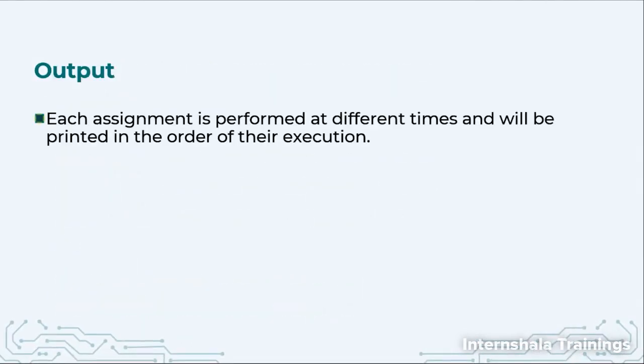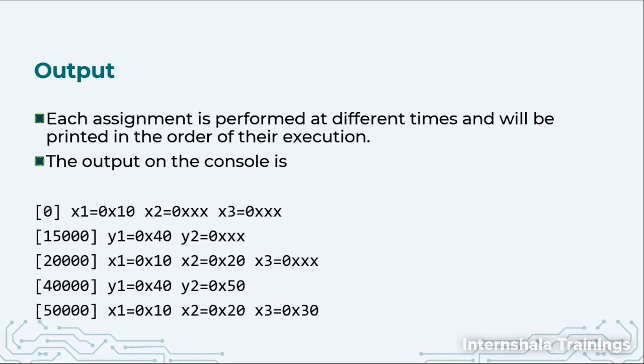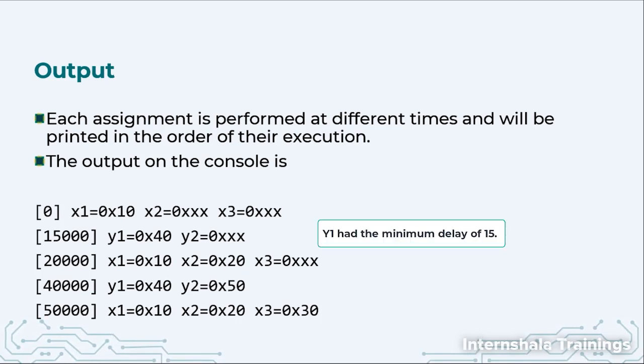So here every assignment is performed at different times and they will be printed in the order of their execution. So whichever assignment is printed, that means that was executed first. So here what we see, first of all x1 was assigned 10, then the next delay was 15, so y1 is 40, y2 is still undefined.